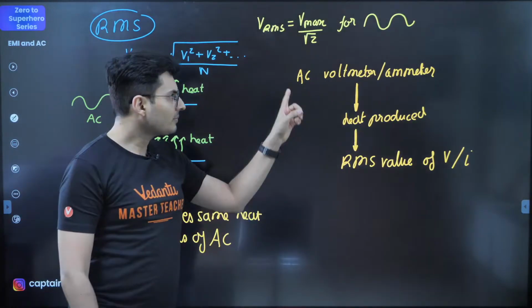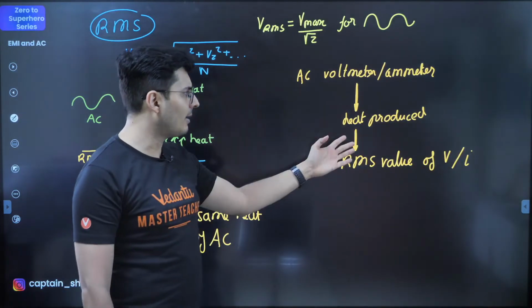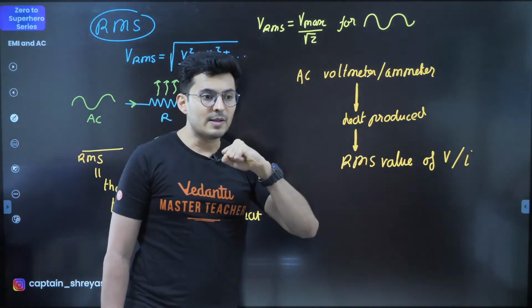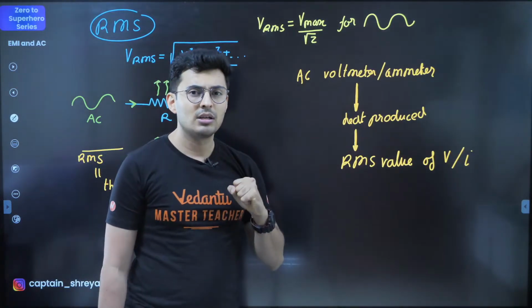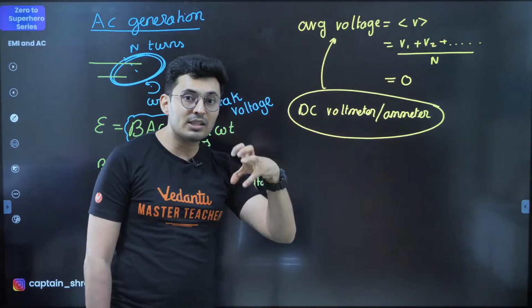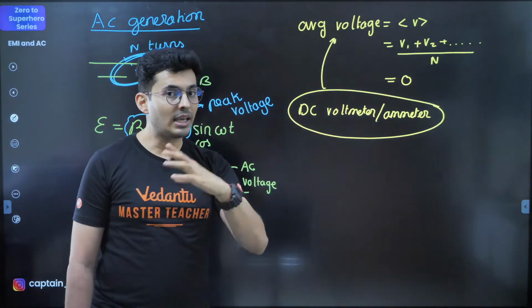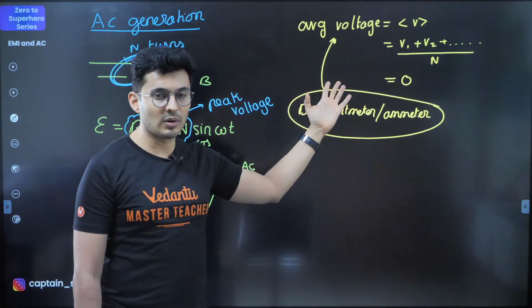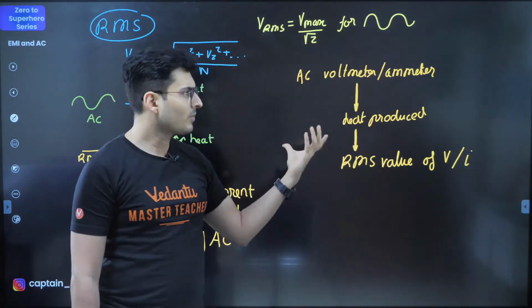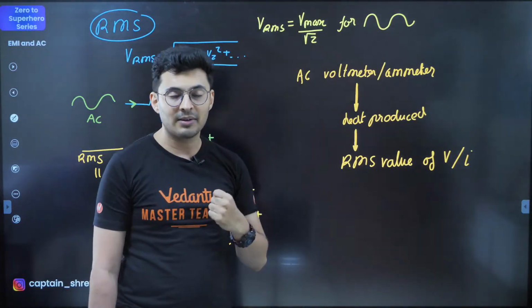That's it. Talking about AC voltmeter, ammeter. When you want to measure AC voltage, we know that our conventional ammeters, which are based on deflection, cannot work because they will always show zero reading. So to measure AC, you need a special device, sometimes based on the heating effect.